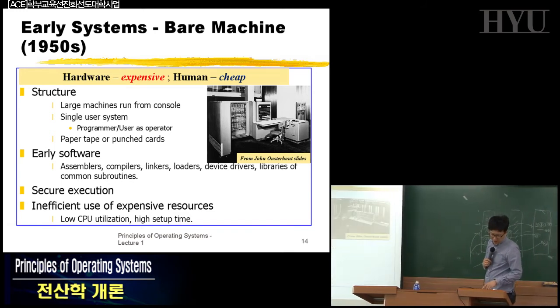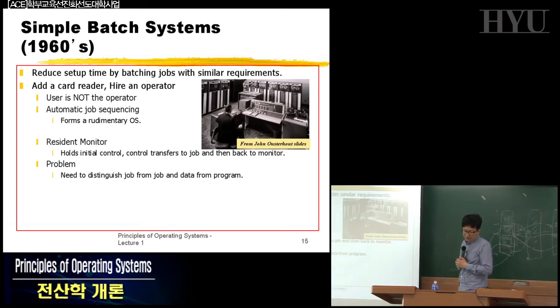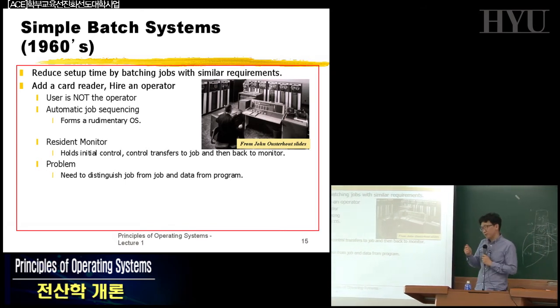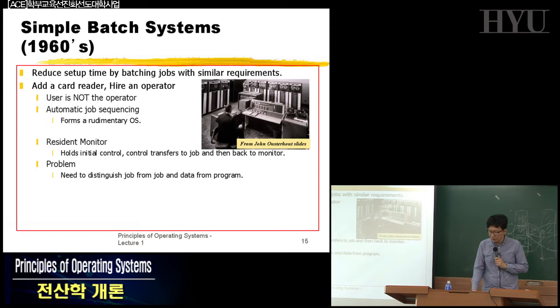So that's a naked machine picture. Some batch systems later. 이게 더 가깝겠다. Now you can actually give a command to those naked machines. So it's a bit easier to run those programs now.